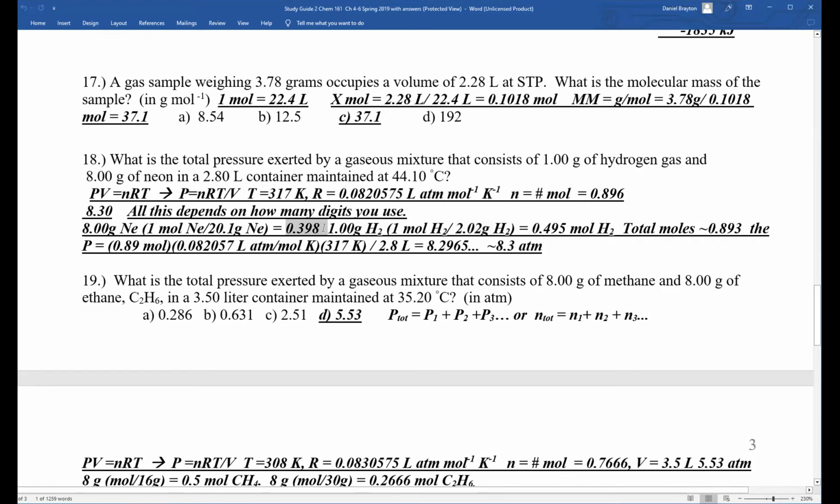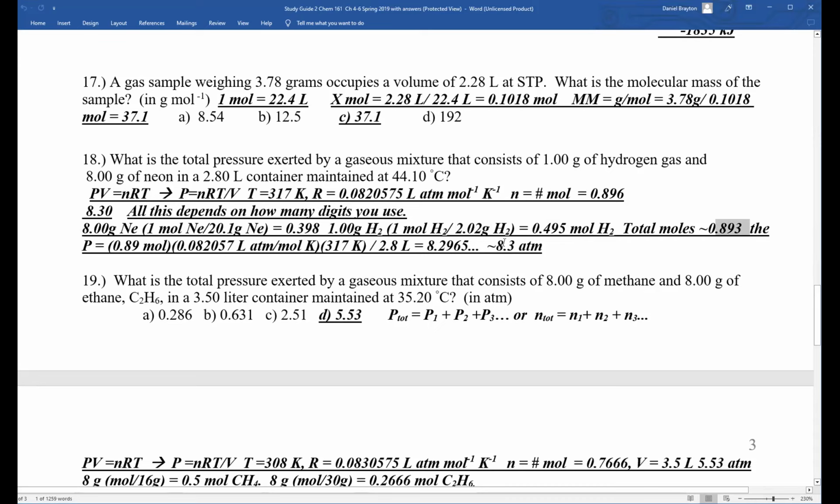All right, so with both of these added together, they're near 1 mole, 0.89. Then it's just a plug and chug, and you can find the pressure. And again, round it off.